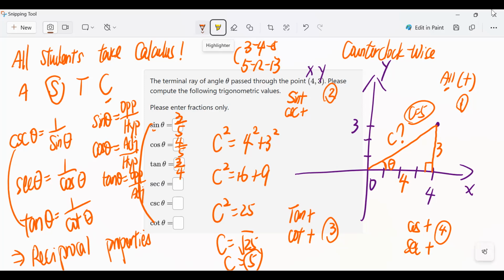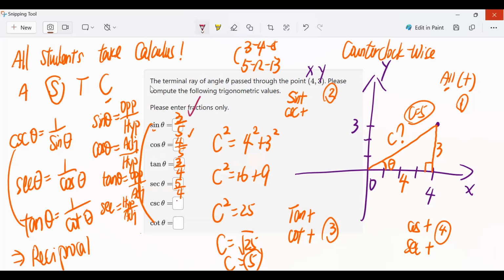And secant will be the reciprocal, if you want to use a reciprocal. Secant is a reciprocal of cosine. It will be 5 over 4. Also, secant is hypotenuse over adjacent. So that's for angle theta. And then let's move on to cosecant. Cosecant will be the reciprocal of the sine.